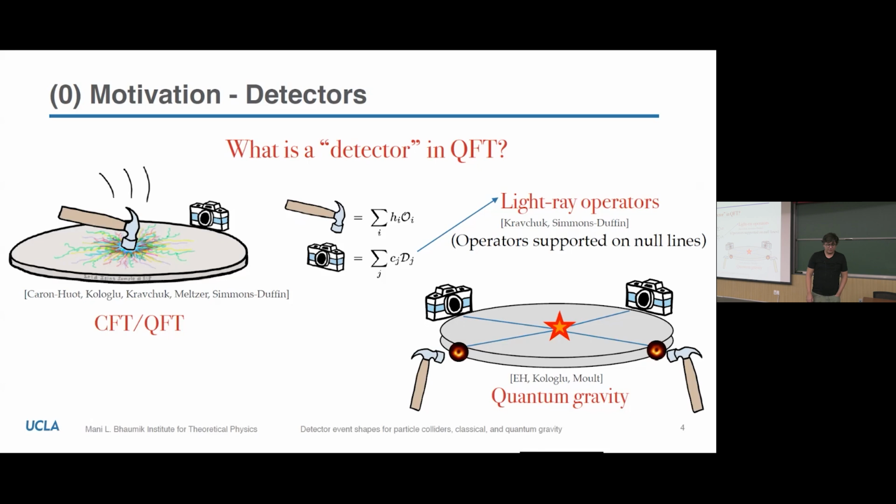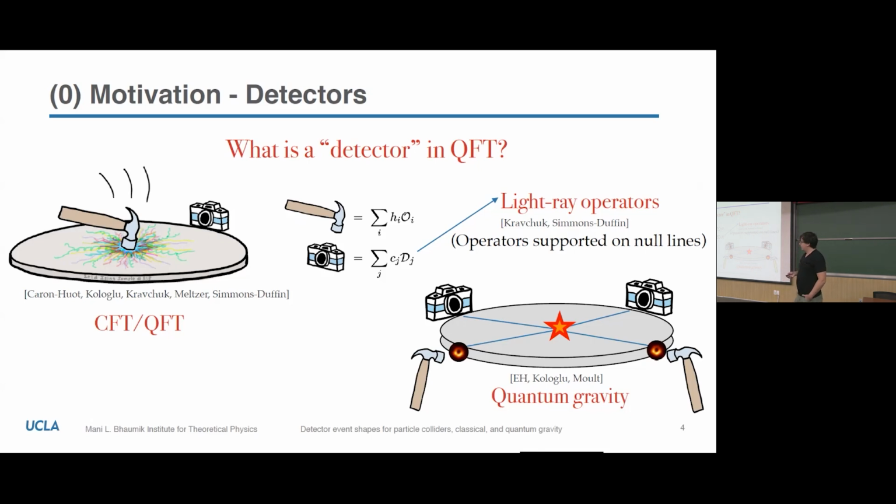So we're pretty familiar with the sense that we can probe a physical system in terms of local operators. They have this very nice picture of hammers and cameras. From condensed matter physics or many other contexts, we're familiar with this picture of a hammer. We can test and excite and probe a system with local operators, and then we can study its dynamics by measuring correlation functions of local operators.